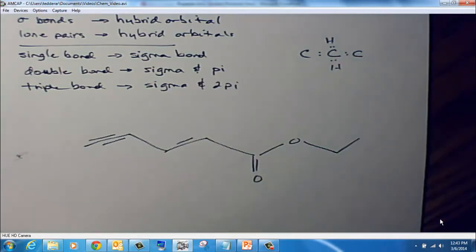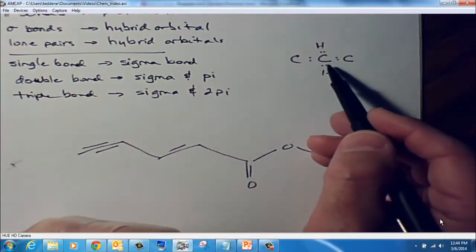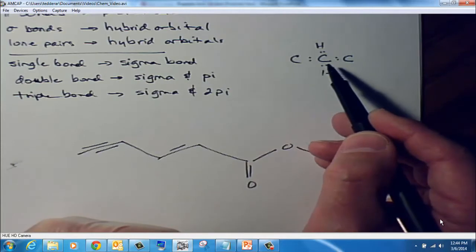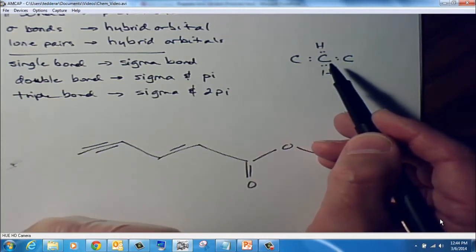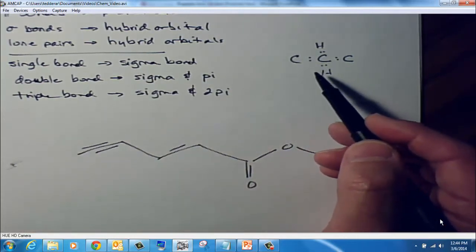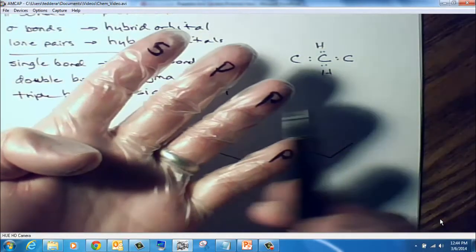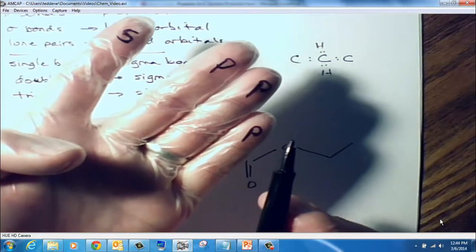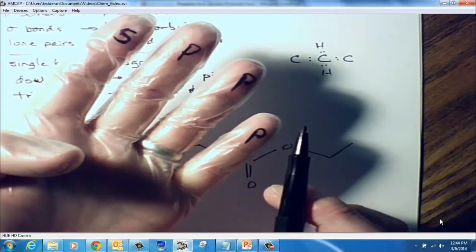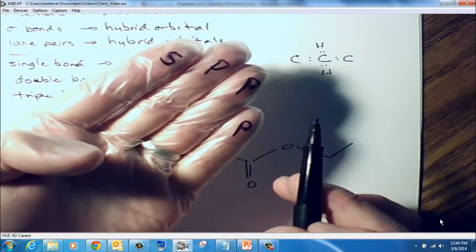We drew out orbital notation and showed how the electrons go in there and share. We showed what the hybridization looks like when we combine those orbitals together.